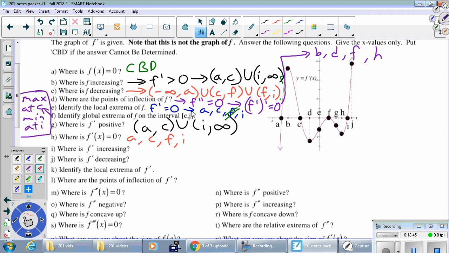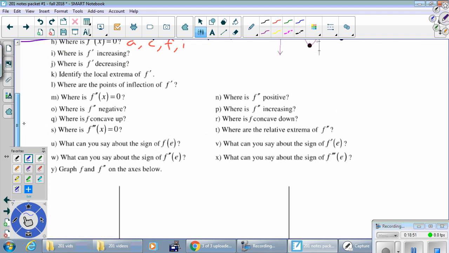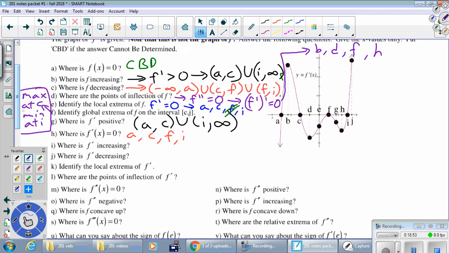Where is F prime increasing? Oh, another easy one, because we're looking at F prime. So we just have to read from the graph where F prime is increasing. So we're not going to do this one slowly, but F prime is increasing until we get to the top, and then increasing here, and then increasing there. So let's fill in.